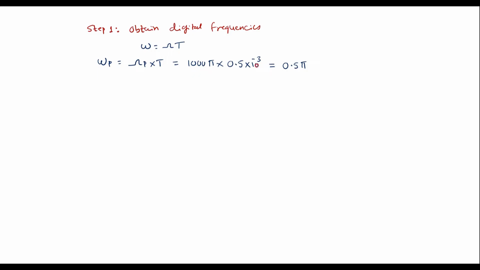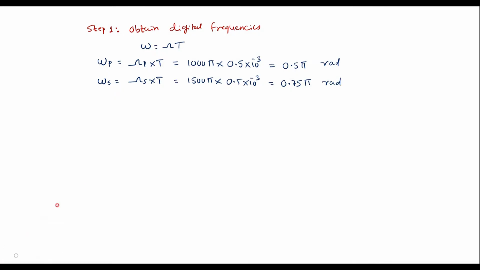Here 1000 and 10 power minus 3 will get cancelled, we get 0.5 pi. Similarly, stopband digital frequency, that is Ws, is equal to omega s into T. It is nothing but 1500 pi into 0.5 into 10 power minus 3. It gives 0.75 pi. The unit is radians.